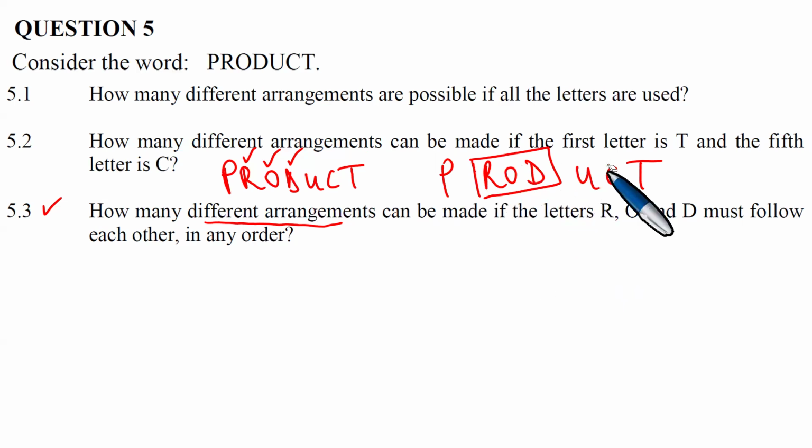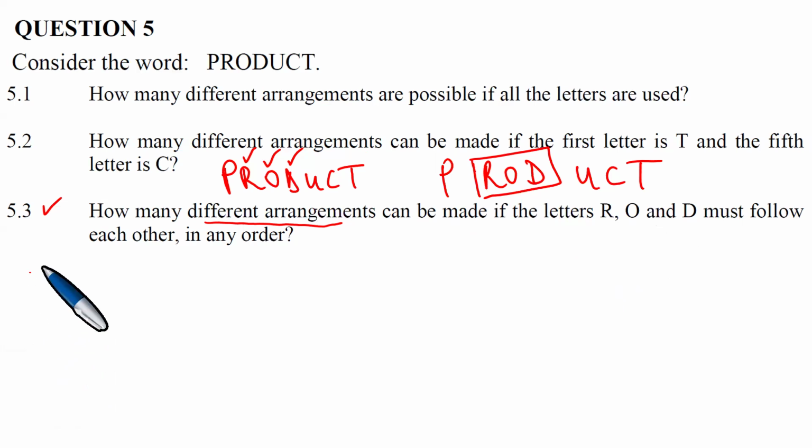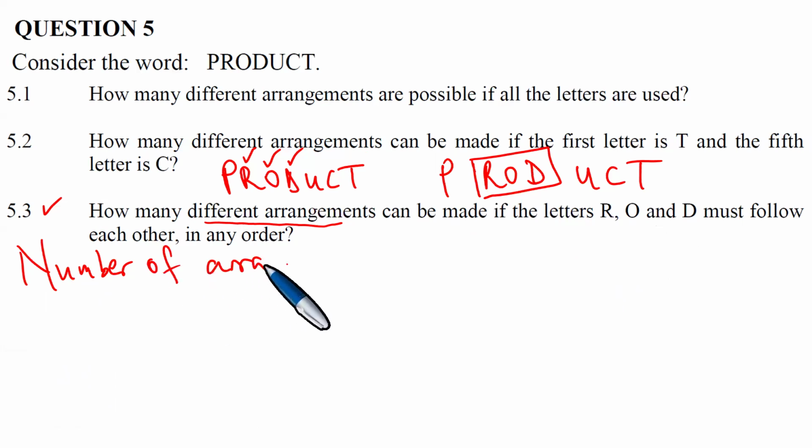1, 2, 3, 4, 5, meaning the number of arrangements is equal to what? We start with the ROD. How many letters are there? There are only 3 letters, and these 3 letters can be organized in 3 factorial ways.